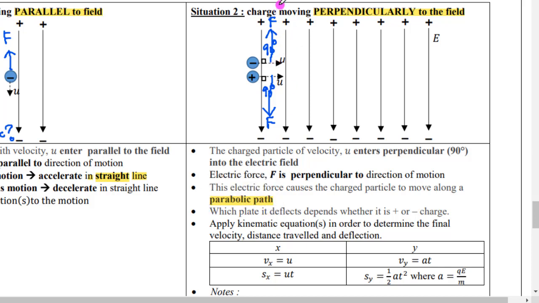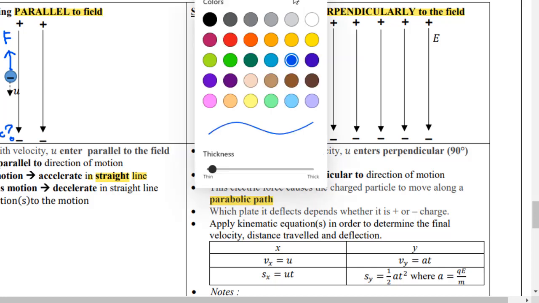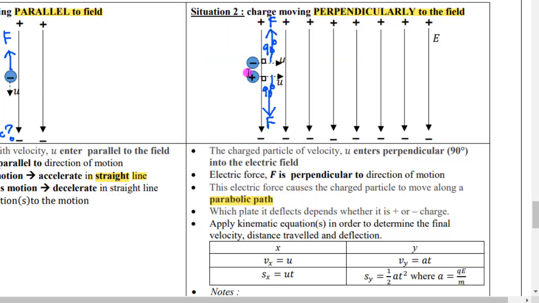Okay, so for a charge moving perpendicular to the field, due to the force acting, contohnya charge negatif ni, kalau diperhatikan, dia nak gerak ke depan. Pergerakan dia ialah ke depan, tetapi ada electric force tarik dia ke atas. Electric force tarik dia ke atas.